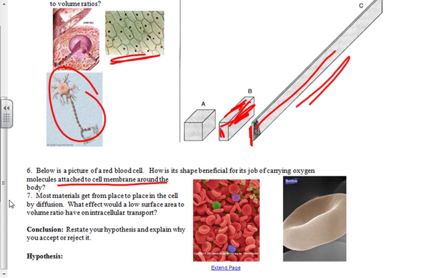And then number 7 is kind of the gist of the whole thing. Most materials get from place to place in the cell by diffusion. What effect does a low surface area to volume ratio have on intracellular transport? Low surface area and high volume, that's the bad situation, right? So there's a fair amount of questions to answer here. And then your conclusion, based on your calculations with all the different cubes and cells: does it hold true?